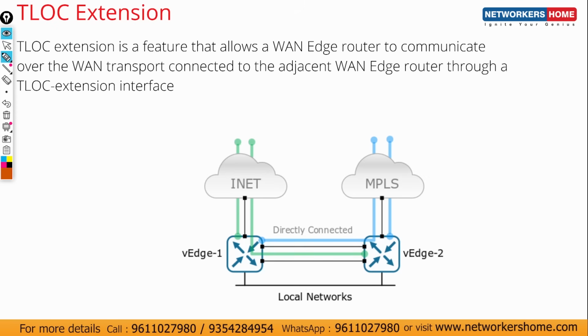Practically, you are extending this interface through this interface, taking it all the way to here. So you are taking this internet connection, it will be like this. Although virtually it is passing through this, it will be like this actually, although the real communication is going to be like this. So that is what TLOC extension is.